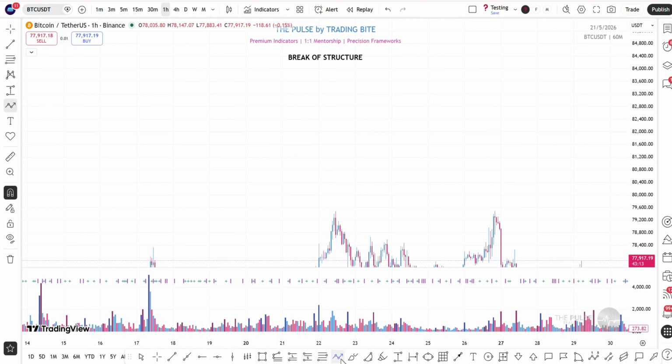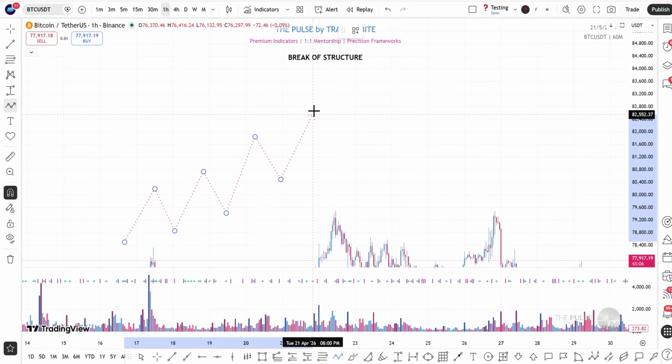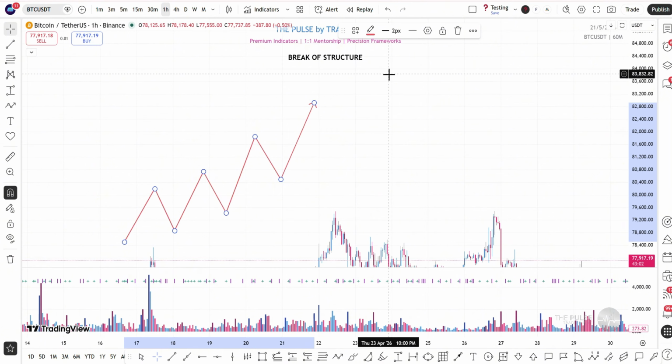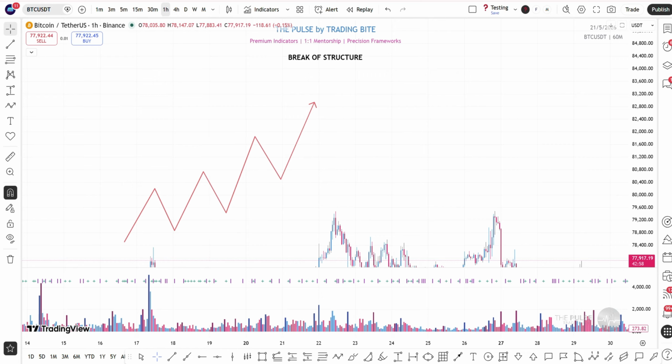Let's see. So let's say the market is going this way, now retail traders see, what does a retail trader understand? They say the market has broken, so this is a break of structure.